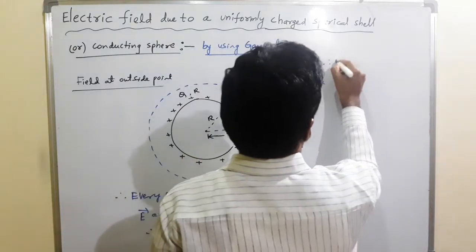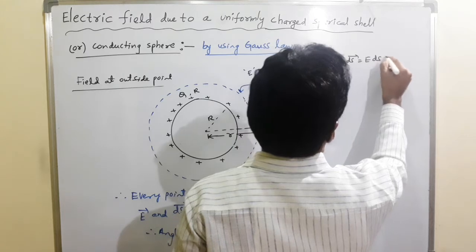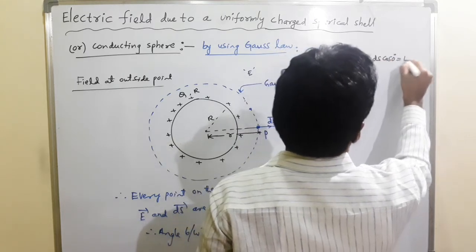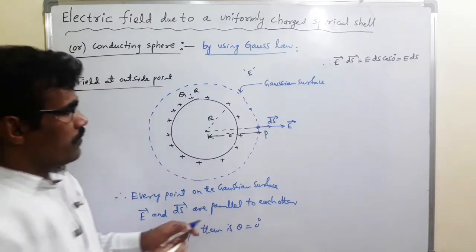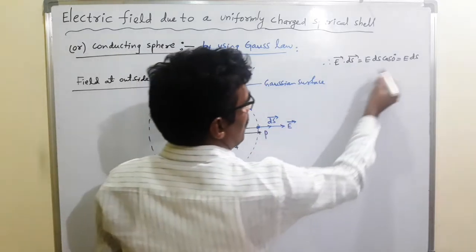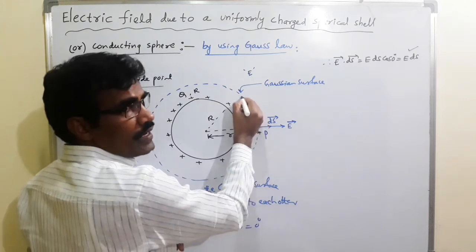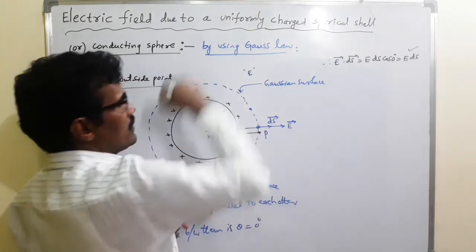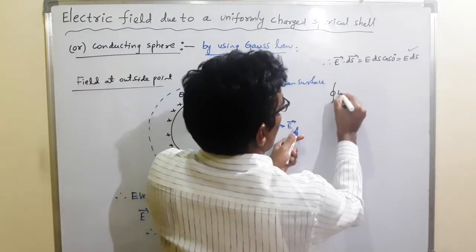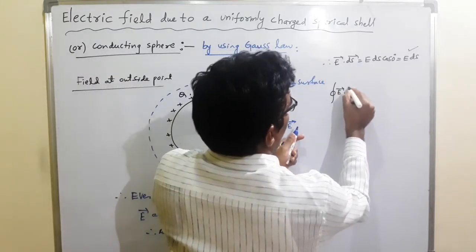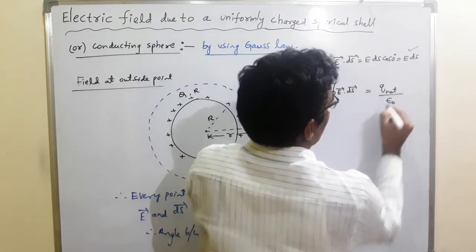Therefore, E bar dot dS bar equals E dS cos 0, which is E dS. This is the flux at this point. The total flux is the integral of E bar dot dS bar, which equals Q net by epsilon naught.